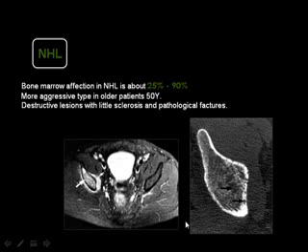I used also to say, if you see a bone marrow infiltrative lesion that is encasing the iliac bone, meaning that this lesion is surrounding the iliac bone from all directions, then you may put the possibility of lymphoma. And you see, lymphoma is different from metastasis. Metastasis is destructive and it produces an extraosseous soft tissue component, but here you can see that the lesion is almost encasing the iliac bone with infiltration of the bone marrow.